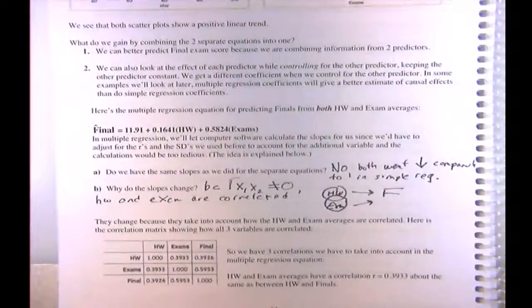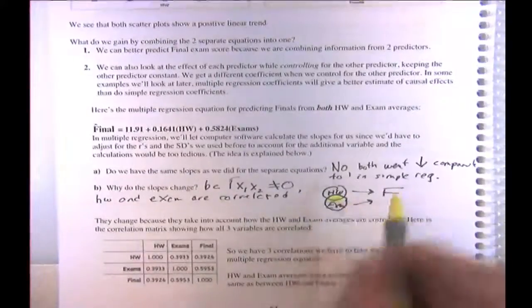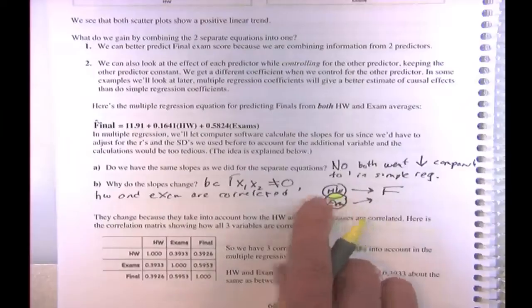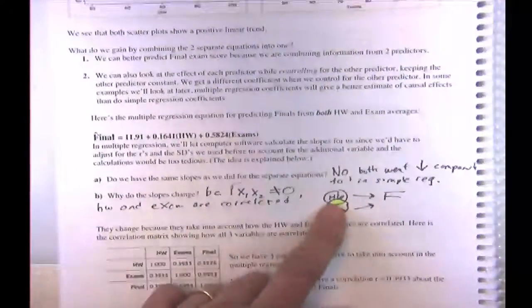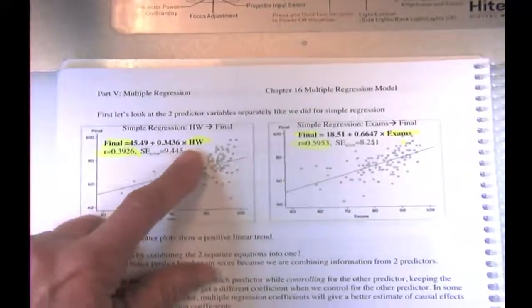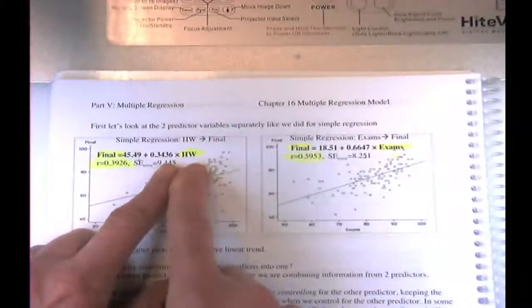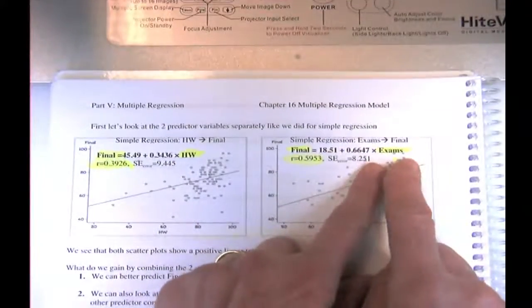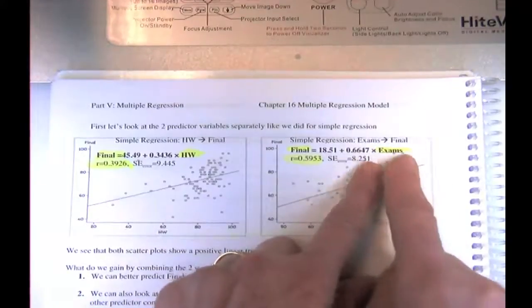So you have this little correlate right here. When you combine them, part of this effect of homework is because people who have higher homework scores also have higher exam scores. Same here. People who have higher exam scores also have higher homework.